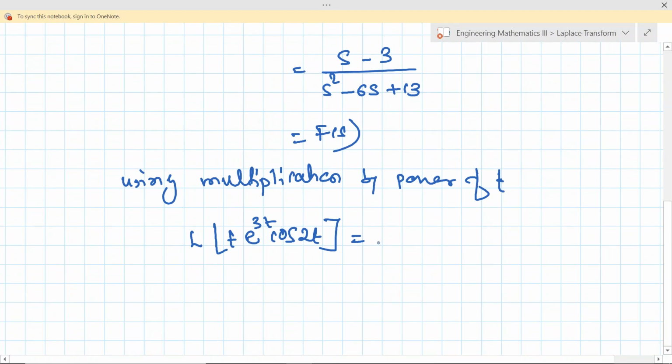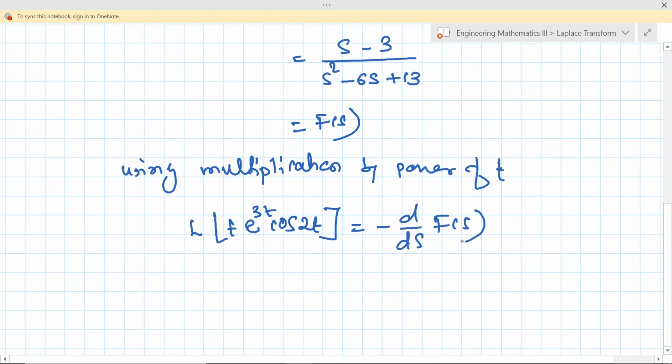If power is 1, then take the single derivative: minus d ds of f of s. F of s is nothing but s minus 3 divided by s square minus 6s plus 13.